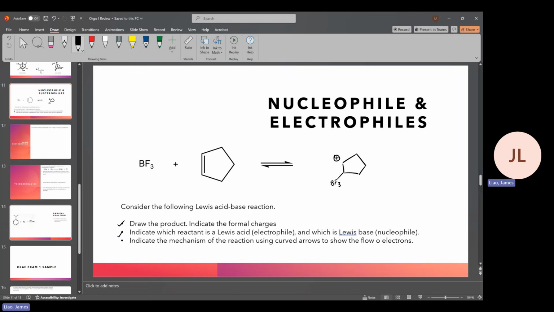Now, the next thing I need to do is know which reactant is a Lewis acid and which one is a Lewis base, and then include the mechanism of the reaction, showing the curved arrow pushing. So the double bond is actually the Lewis base.